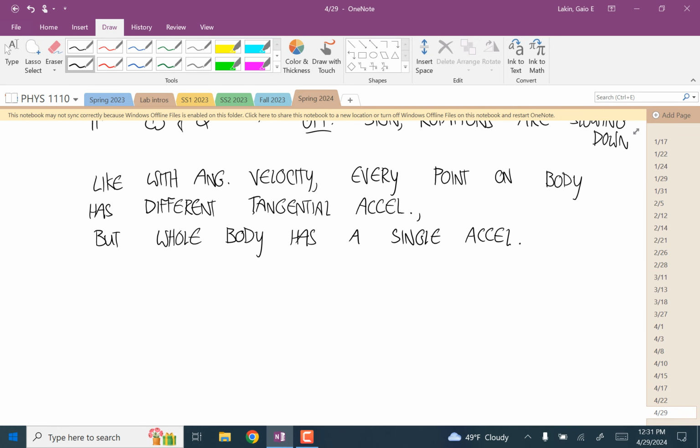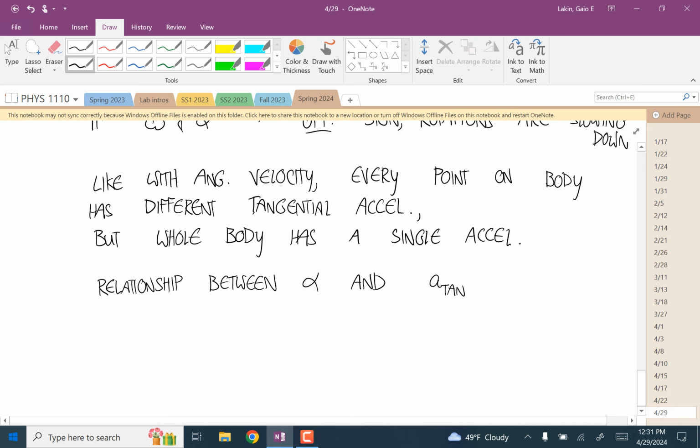Okay, so now there's a relationship between the angular acceleration and the tangential acceleration of a point.